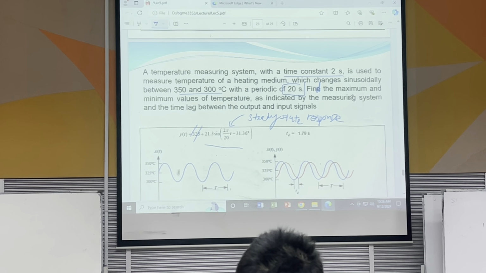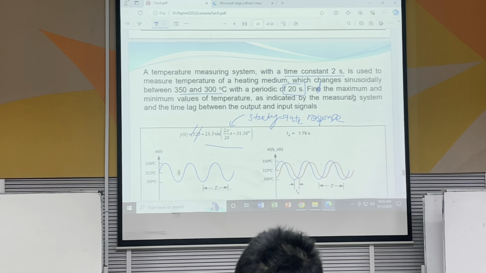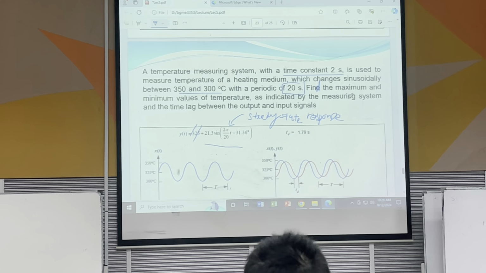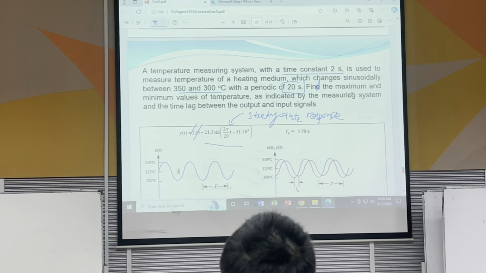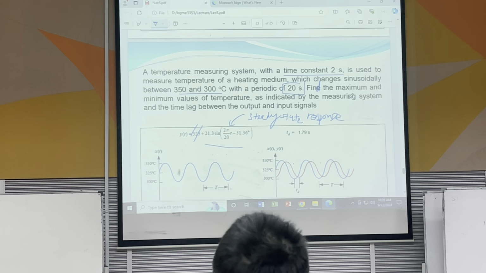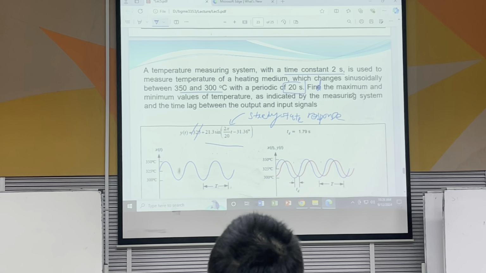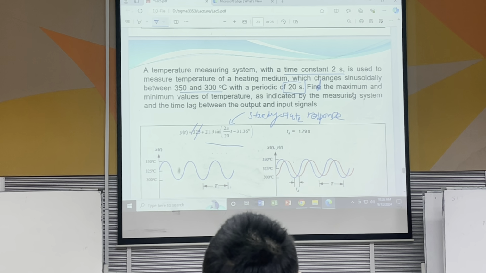What is the purpose? Why do you want to add an average out of nowhere? I know it's from the 350 and 300, but why do we have to add the 325 there? Never mind. You all figure out the output solution first, then slowly think about the 325.